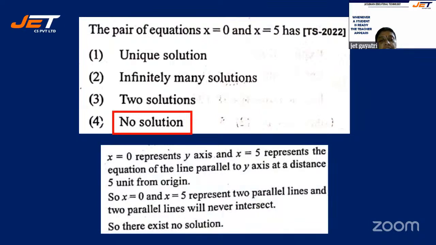All right, so you can see here, x is equal to 0 represents the y-axis and x is equal to 5 represents the equation of the line parallel to the y-axis at a distance of 5 units from the origin. So x is equal to 0 and x is equal to 5 represent two parallel lines, and two parallel lines will never intersect. Parallel lines never intersect, isn't it? So there exists no solution.